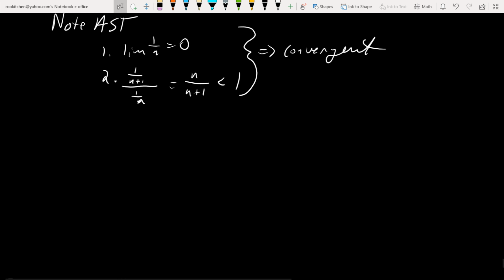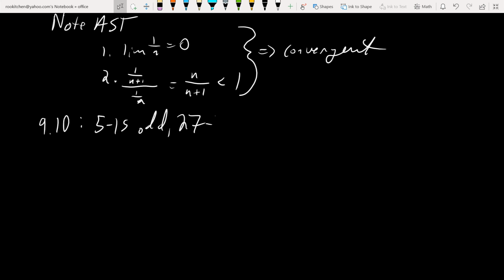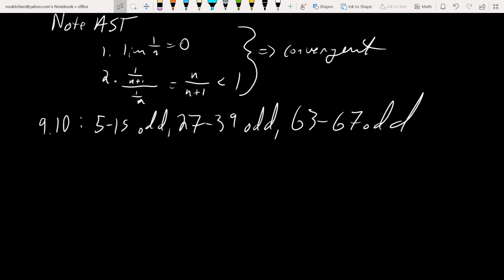Okay. 9.10 then is the grand finale, and that's working with the Maclaurin and Taylor series. We're looking at problems like 5 to 15 odd, 27 to 39 odd, and then 63 to 67 odd. Okay, so for example, number 11, we're tasked with finding a Maclaurin series for the ln of x. Actually, this is a Taylor series.